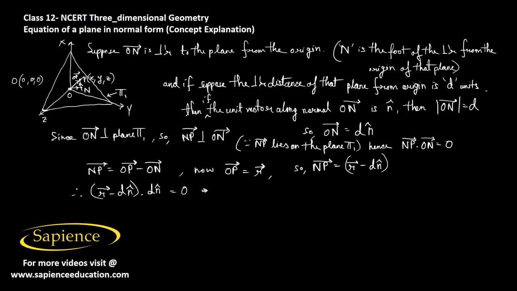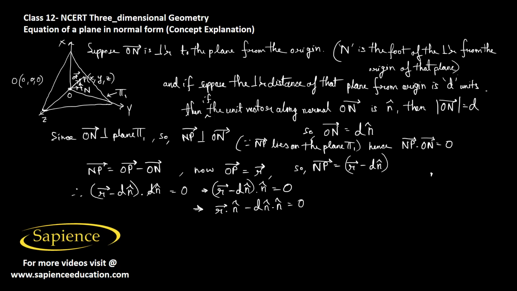Now we can cancel out d since d is not equal to 0. So r vector minus d n cap, dot n cap, should be equal to 0. So we can write r vector dot n cap minus d into n cap dot n cap equal to 0.